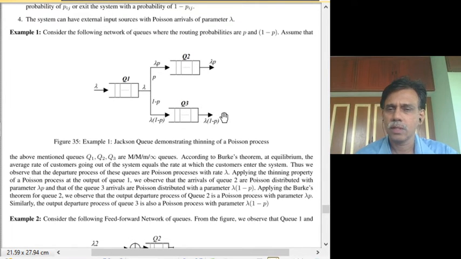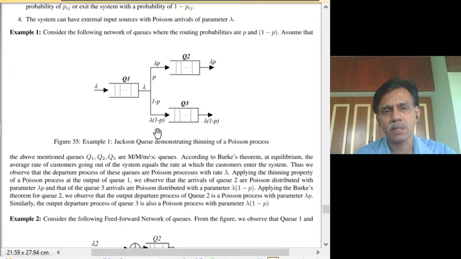Applying the Poisson thinning process, because with probability P a customer joins Q2, independent of the service that happens, the process which governs the arrival to Q2 is also a Poisson process with parameter lambda times P. This follows from the Poisson thinning theorem.